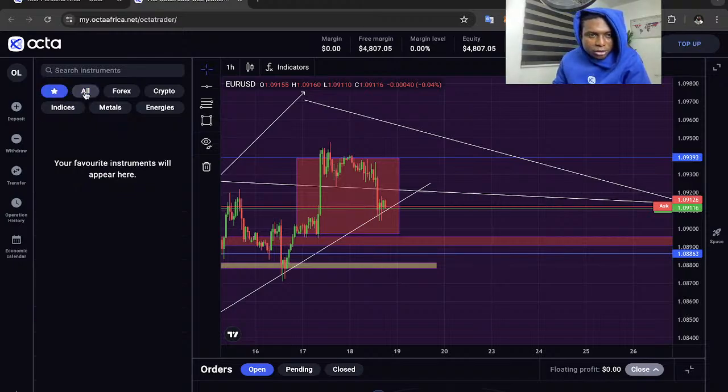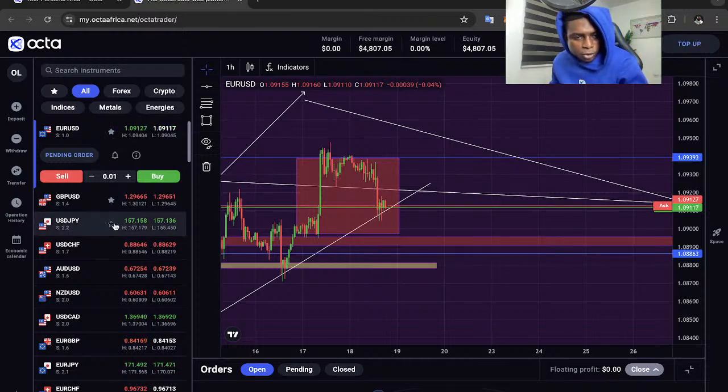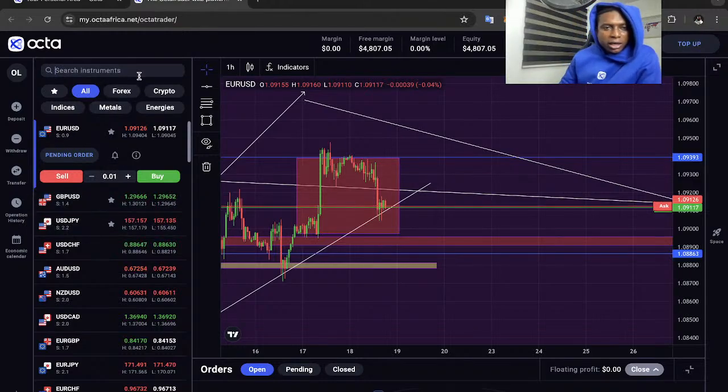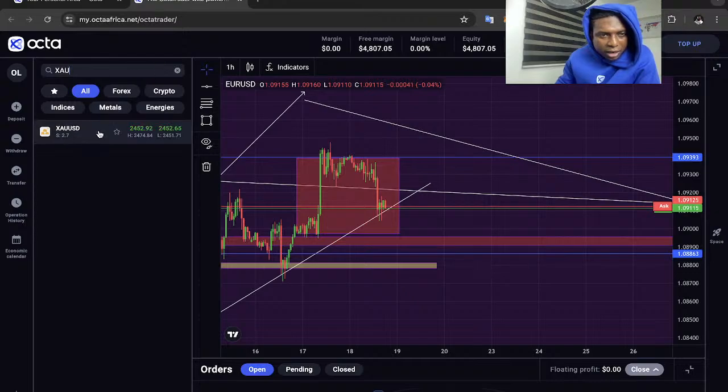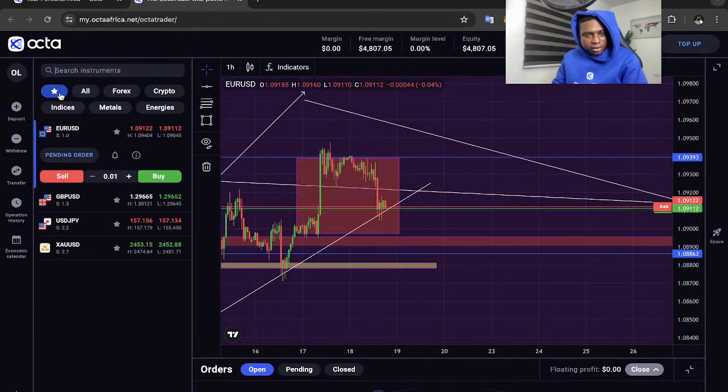So I'm going to star pounds USD, euro USD, USD JPY, and gold. So when I go to my star section, like favorites, I will see only the list of the assets I've selected, which is what I prefer.